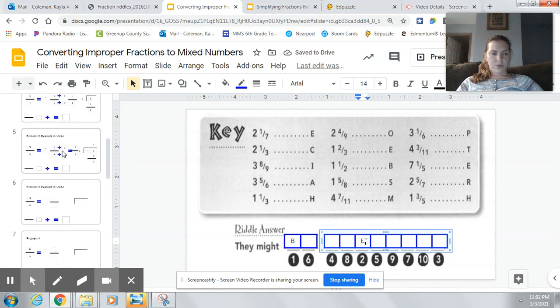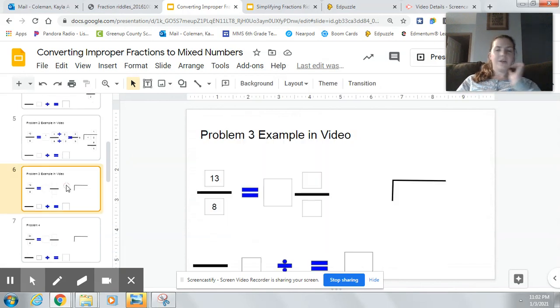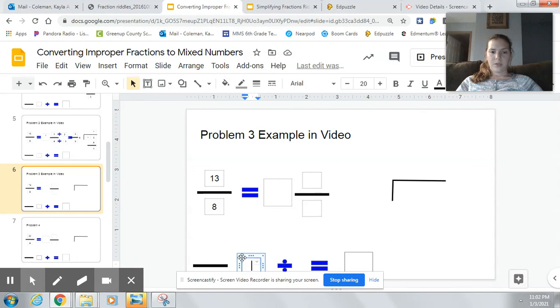All right, let's just do one more together, and then you guys have the rest of the riddle to work on yourself. We have 13/8. It's an improper fraction because the numerator is larger than the denominator. So I have to divide to make this a mixed number.